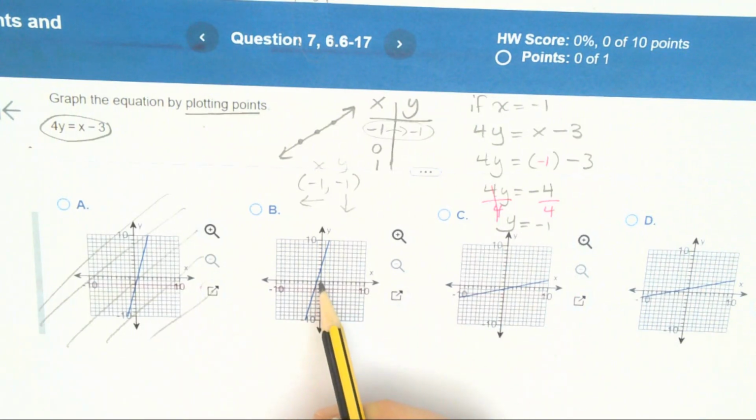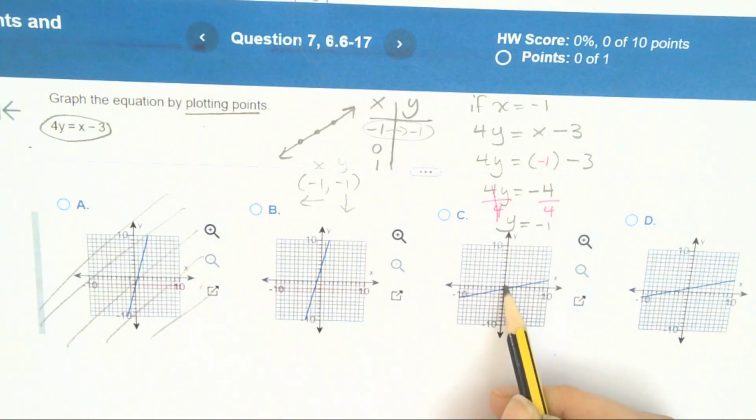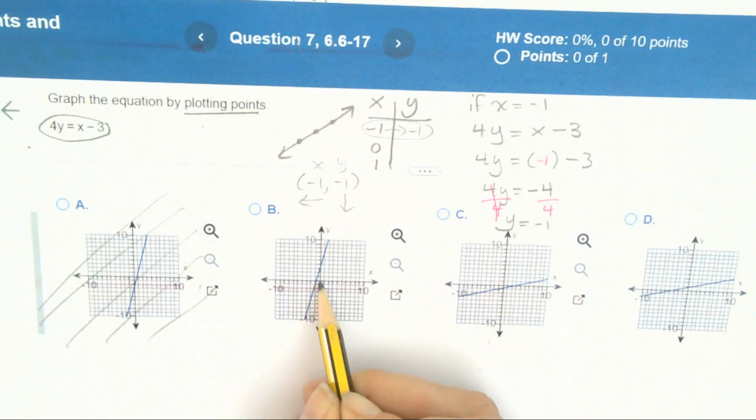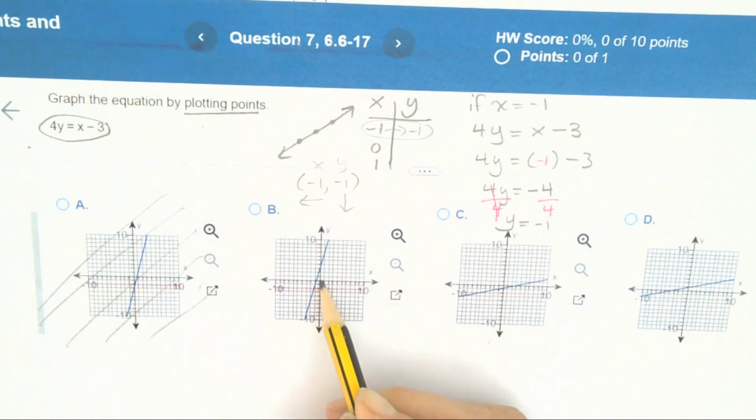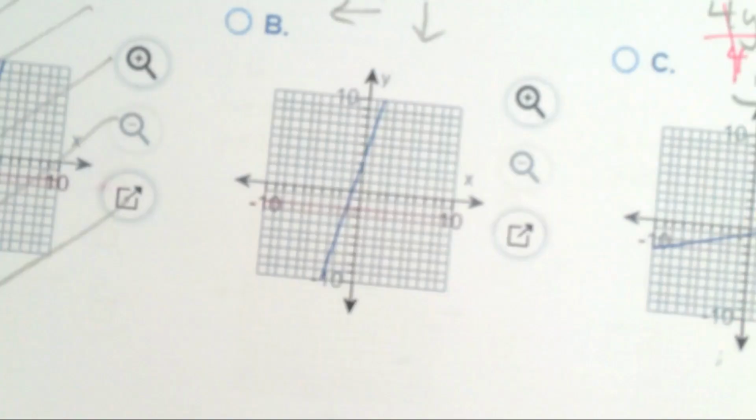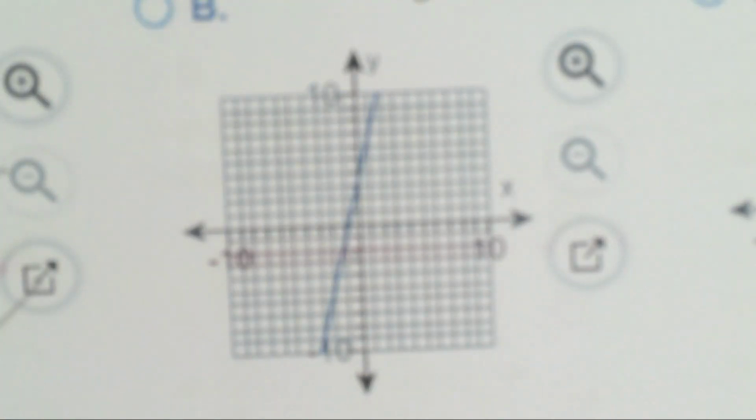Left 1, down 1. Maybe, because I can see left 1, down 1. It's on that line. This one is, oh no. If I look at this one, let's make it so you can see it, because it's hard to see.